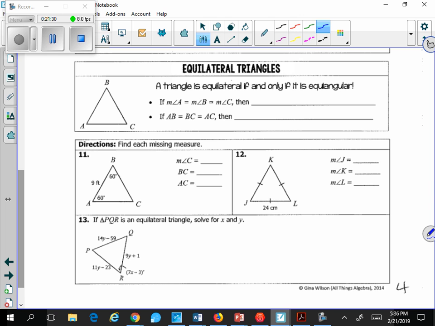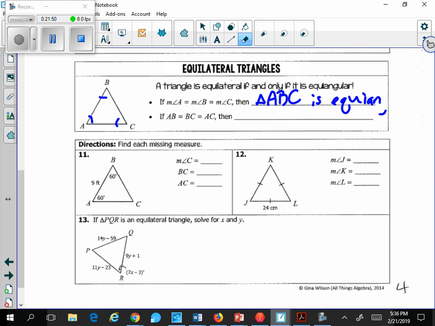So it says there, if the measure of A equals the measure of B equals the measure of C, those are all equal, then triangle ABC is equiangular. I think I spelled that wrong.